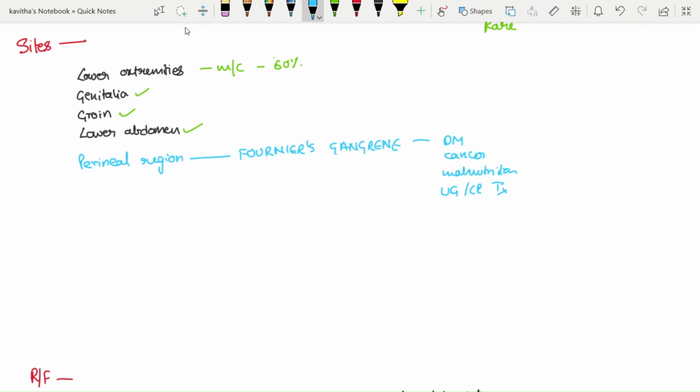You have to debride immediately and also start higher antibiotics. Another such special type is necrotizing fasciitis involving the abdominal wall, which is called Meleney's gangrene.